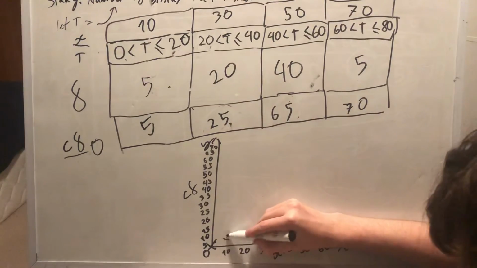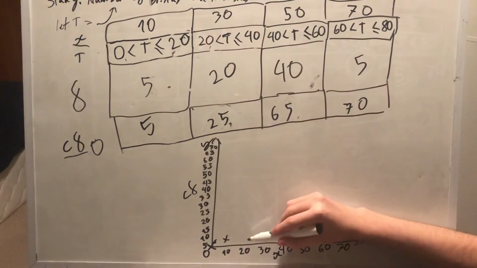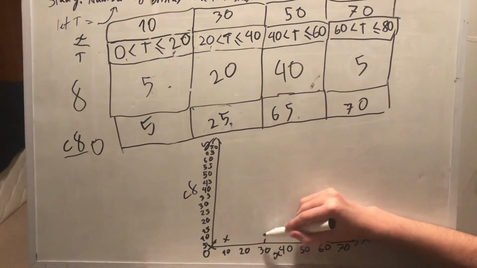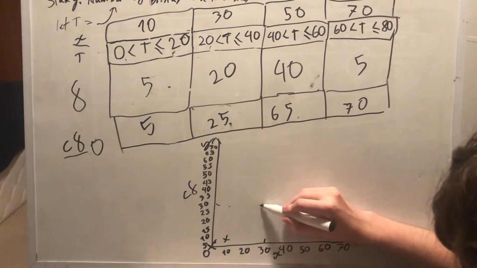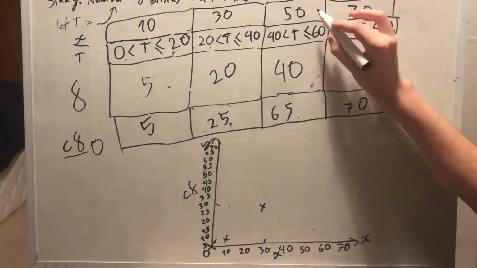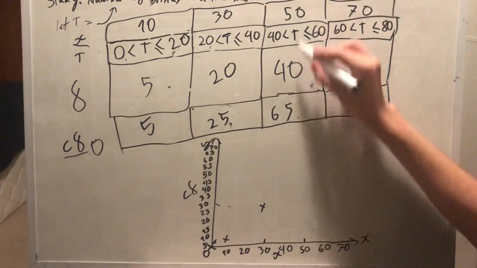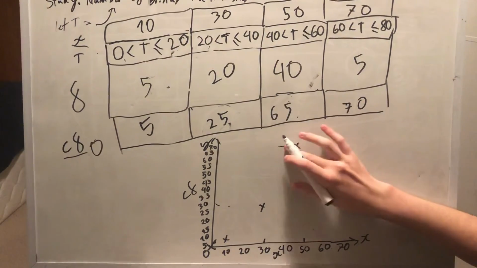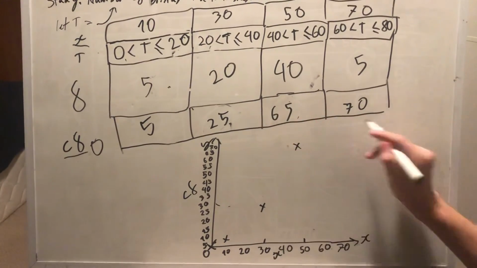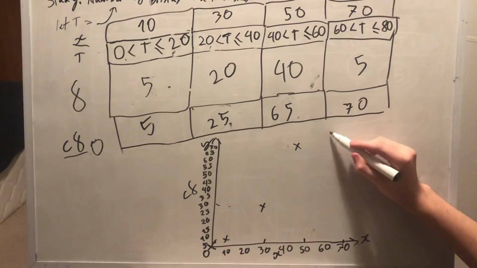So at 10, we go to 5. At 30, so over here, at 30, we're at 25, so let's bring that over there, okay. At 50, so over here, we're at 65, so we jump all the way up here. And then at 70, we're at 70. That was really easy to remember.